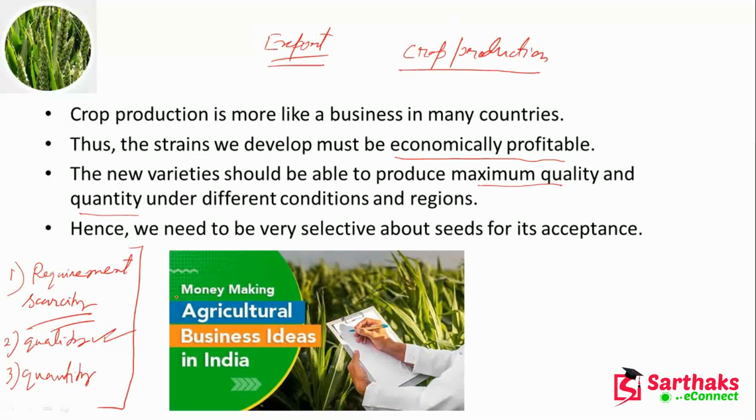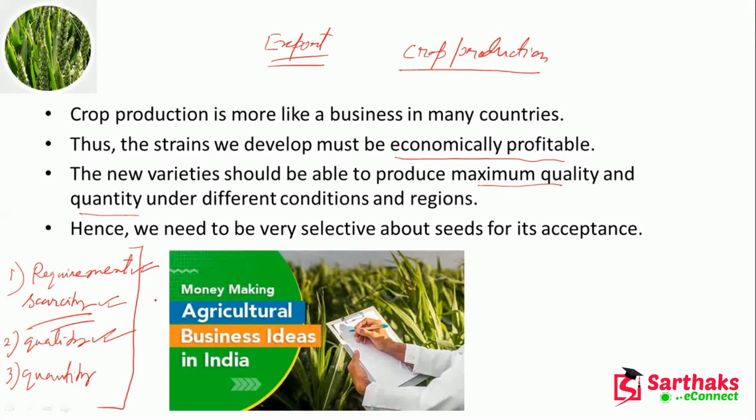So the new variety, if you are doing hybridization, or if you are doing some incorporation of genes, the new variety of the crop should satisfy all these conditions. Yes, the crop requirement is very high, the scarcity in the whole world is high, and the quality is very good of the crop you are cultivating, and the quantity also, I can provide the market a huge number of crops, that means a large scale of crops.